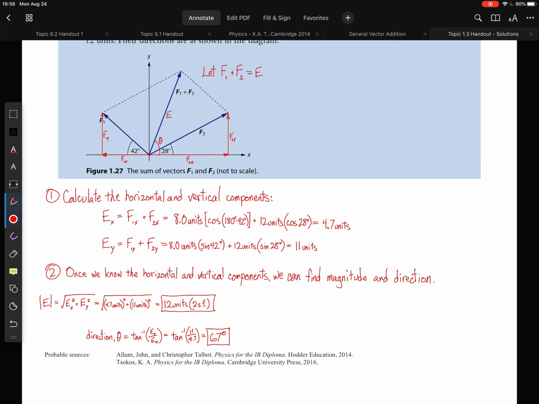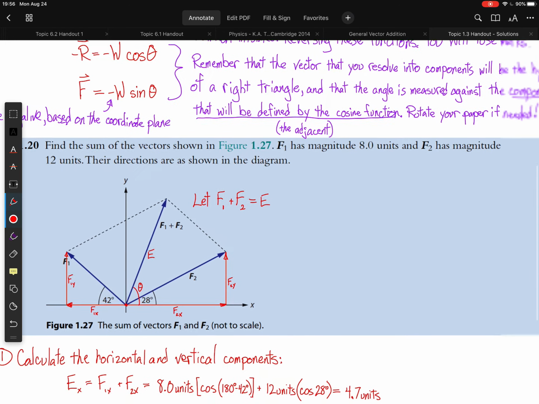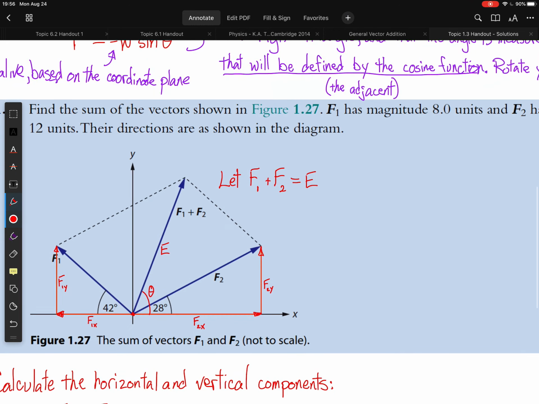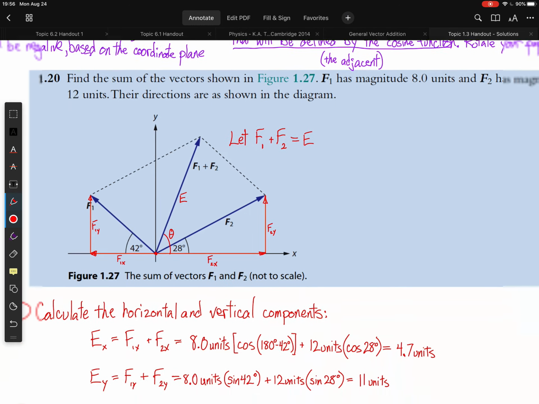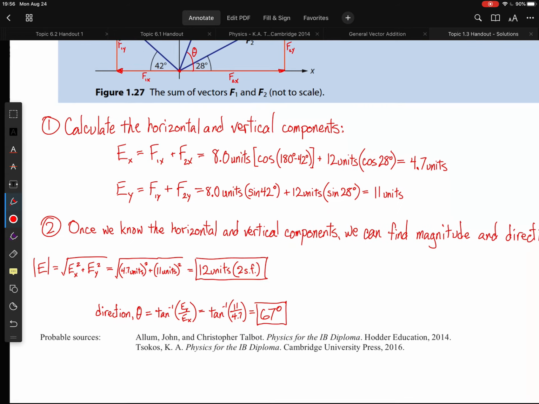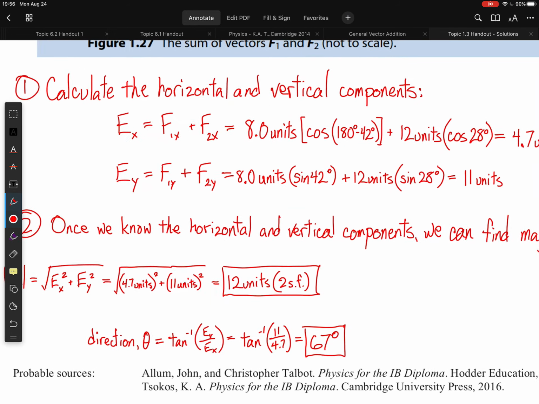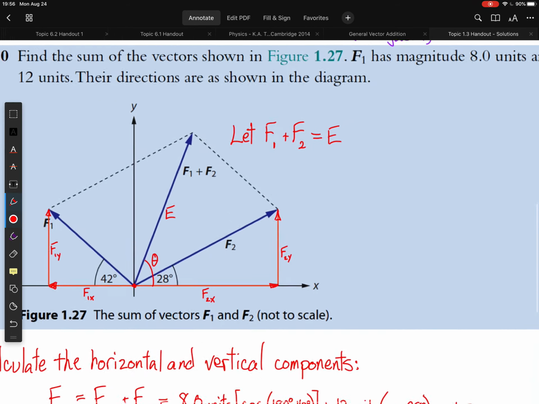So a good idea, guys, is to do a quick sanity check to see if this all makes sense. So what do I mean by that? Well, let's take a look at f sub 2 here. F sub 2 has a magnitude of 12 units, and we've just calculated that our new vector also has a magnitude of 12 units.